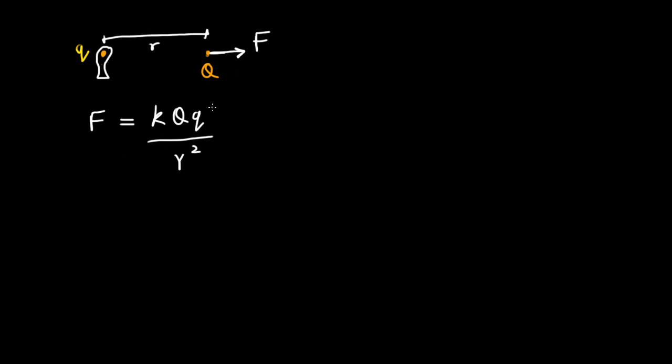So, what if I divide this equation on both sides by capital Q? Then what will I get? I will get F divided by capital Q equal to k q, where q is the small one, by r squared.